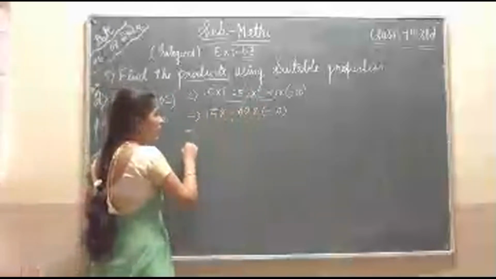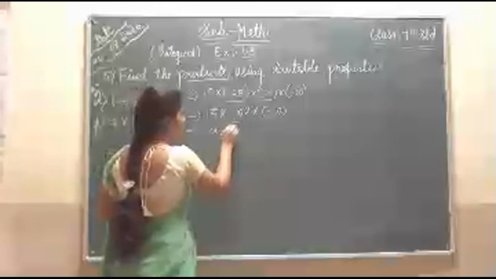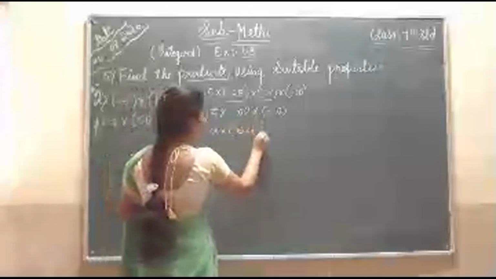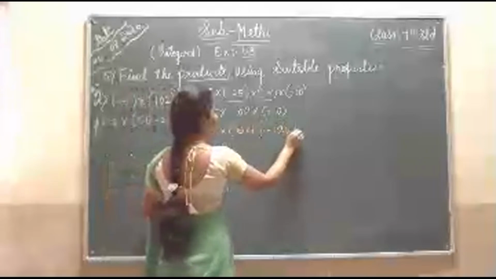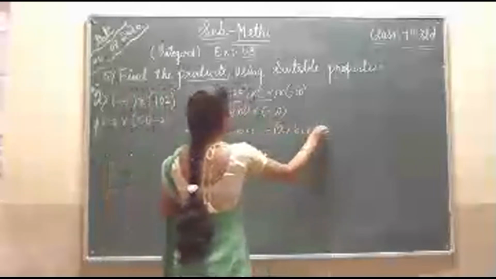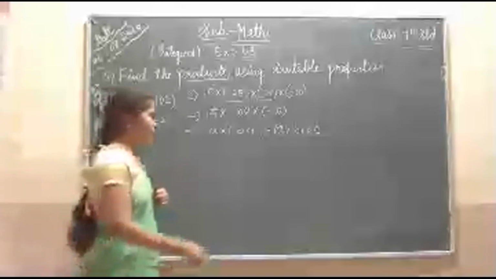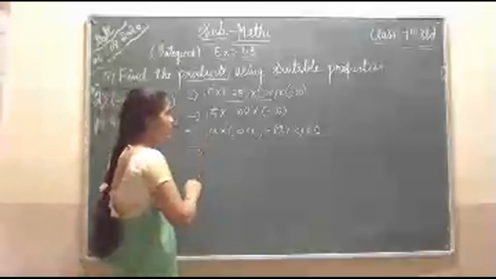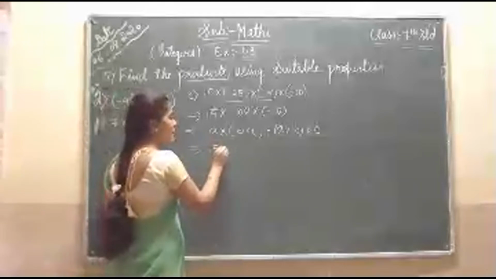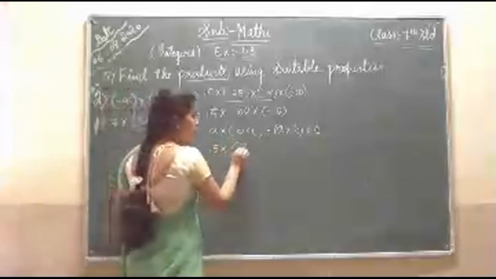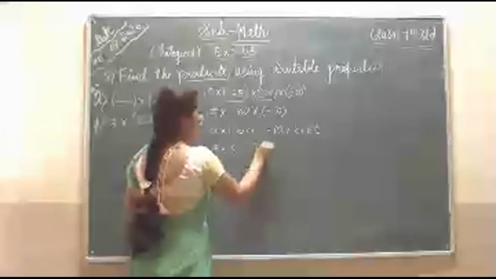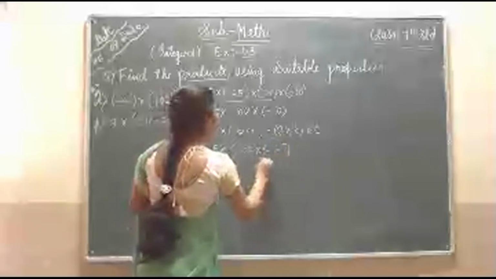Now, here apply the property A into B into C equals A into B into C. Which property is this one? Associative property under multiplication. Now, take 15 separately and then 100 into minus 10.